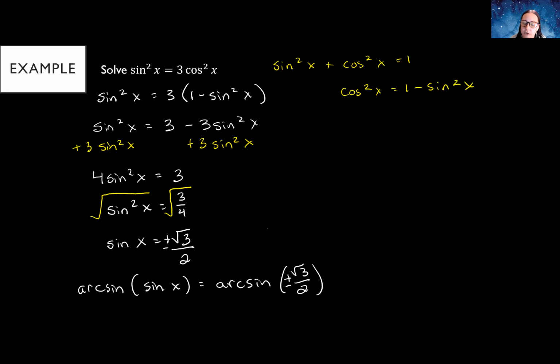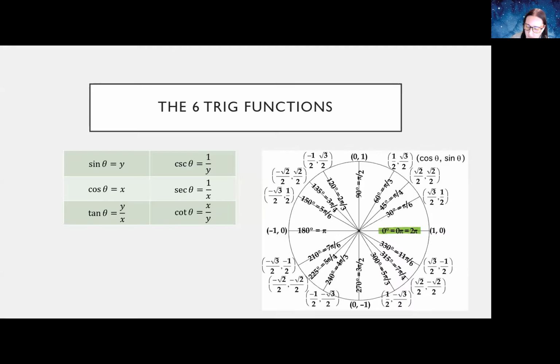Sine is essentially the y value when you're looking at the unit circle. So we're looking for positive square root of 3 over 2 and negative square root of 3 over 2. I'm going back to my unit circle, and I'm going to switch colors again here. So we already know pi over 3 is a positive square root of 3 over 2, and we had 5 pi over 3, the negative square root of 3 over 2 right there.